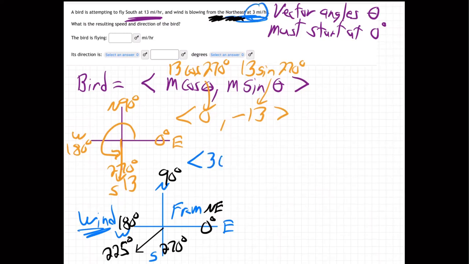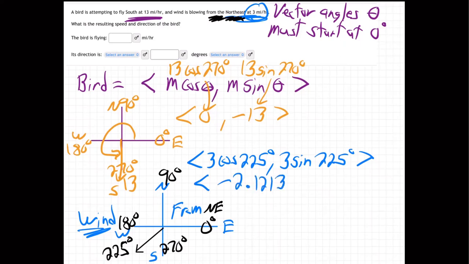It's going to be 3 cosine 225, 3 sine 225. Just like that. So let's hit the buttons on our calculator. I'm getting negative 2.12132. Use about 5 decimals is safe.